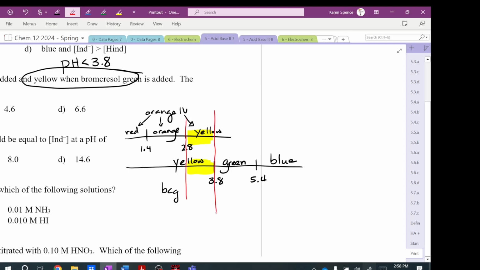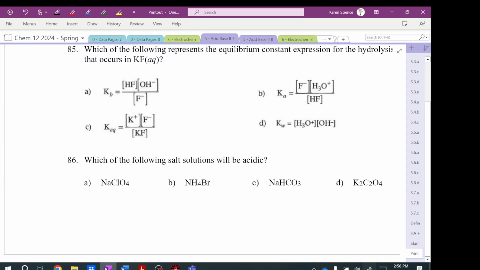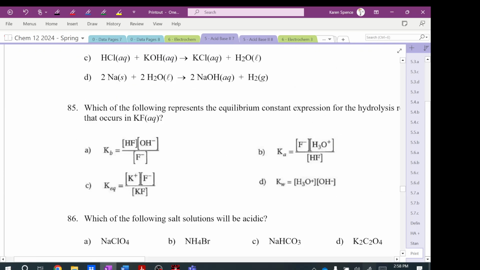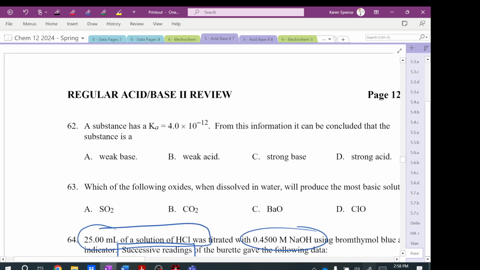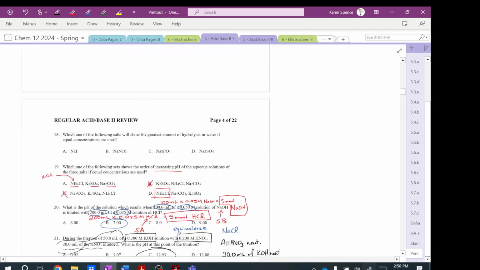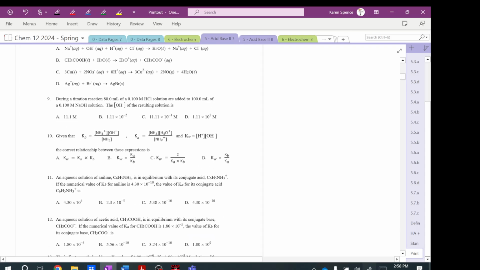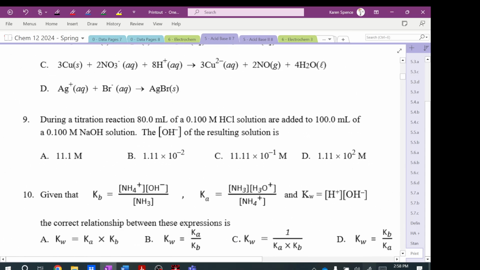Number 9, there's a problem with the question. Just omit it. Well, we could try it. There is also a problem with the answers.